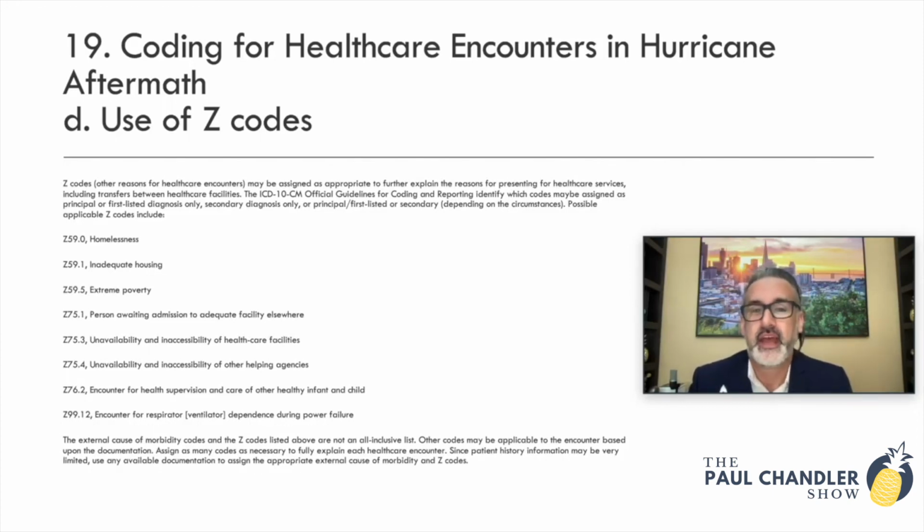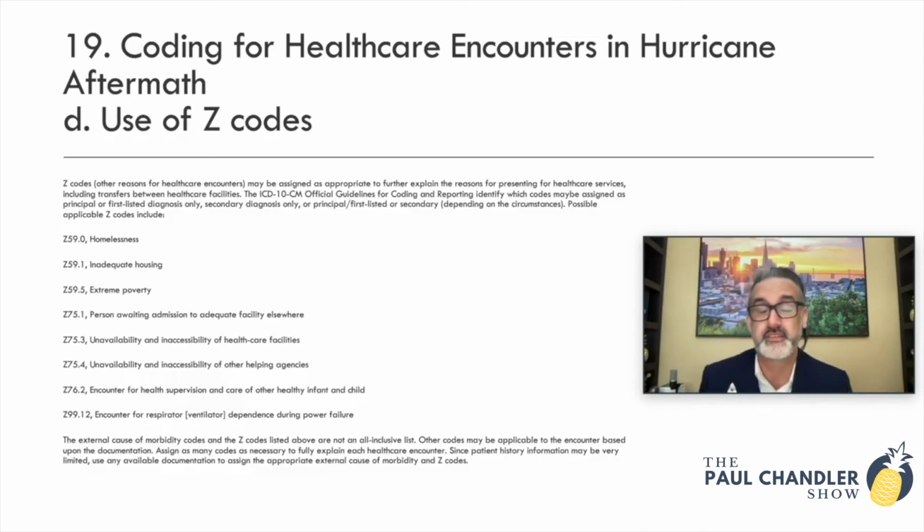So for example, if the patient has any other condition that developed after the hurricane, because with the diagnosis codes, as far as the primary diagnosis code guidelines, notice that the guidelines we're discussing here identify which codes can be listed as primary or the first diagnosis, and which ones can only be secondary diagnoses. Possible Z codes, for example, we have Z59.0, homelessness, Z59.1, inadequate housing, and so forth. It depends on which of the codes can be listed first and which codes can be listed second.